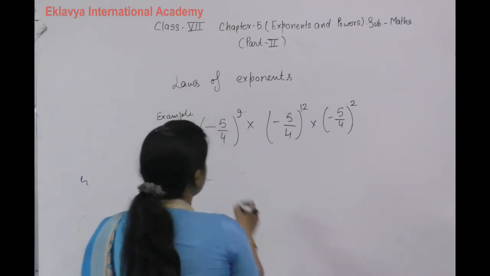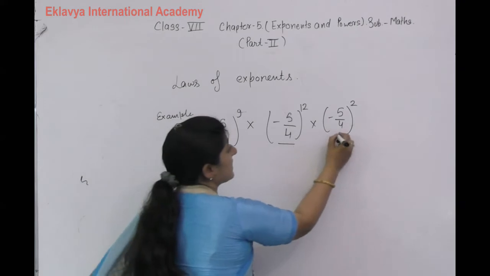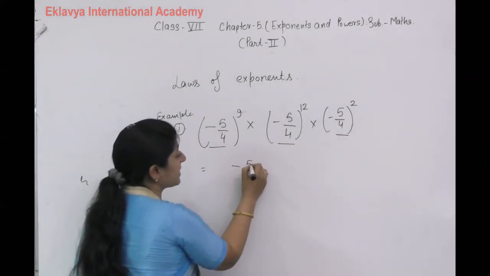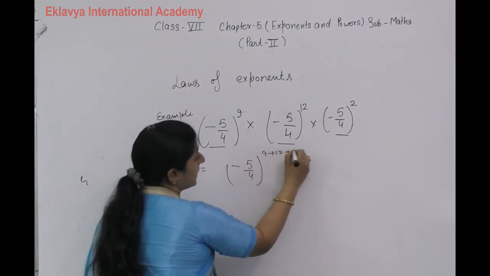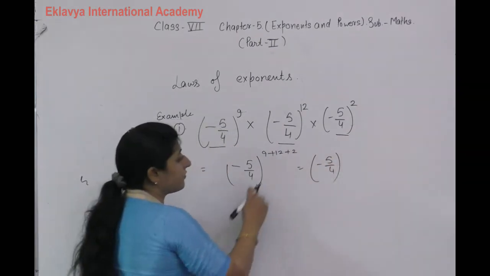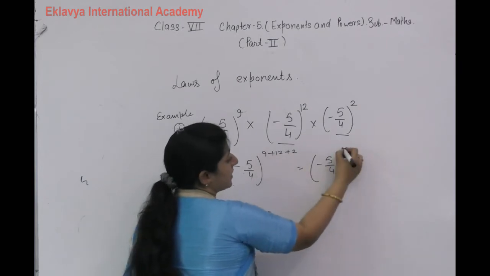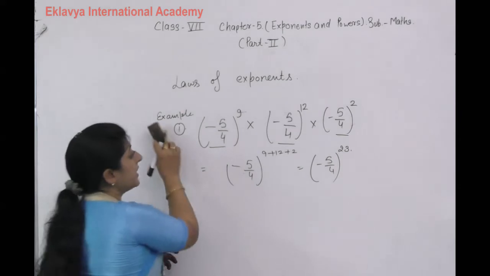Then what will be the answer? Bases are the same but powers are different. It means we take the base here and all the powers will be added. Then our answer is (minus 5 by 4) power 9 plus 12, 21 plus 2, 23. Then our answer is (minus 5 by 4) power 23.